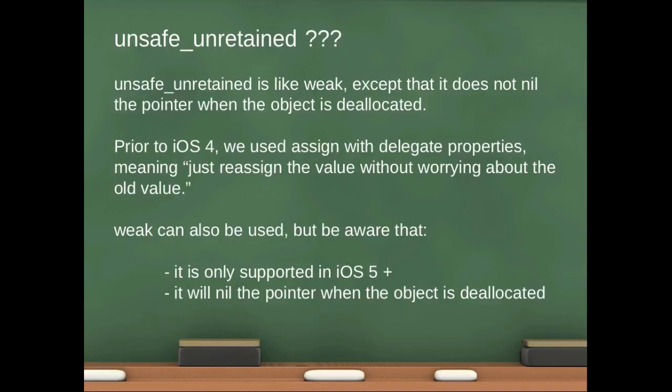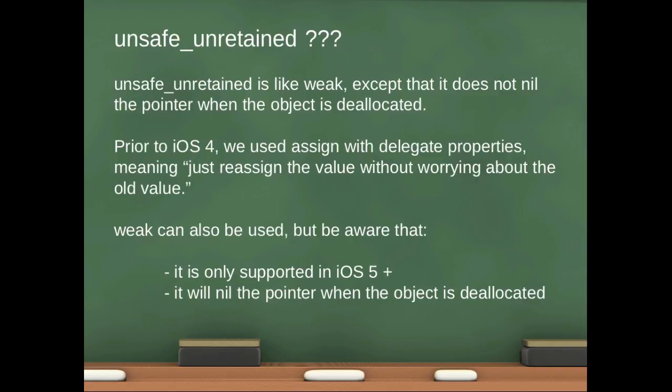So what about this unsafe_unretained thing? Well, unsafe_unretained is like weak, except that it doesn't nil the pointer when the object is deallocated. So actually it's a little bit more unsafe. But for delegates, it turns out this is actually what we want. Prior to iOS 4, we used assign with delegate properties.